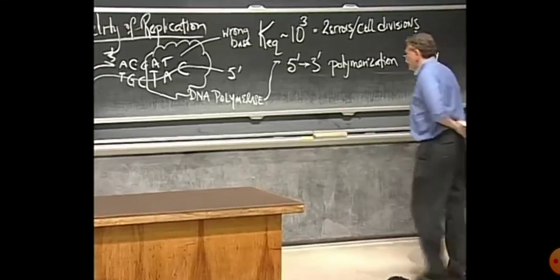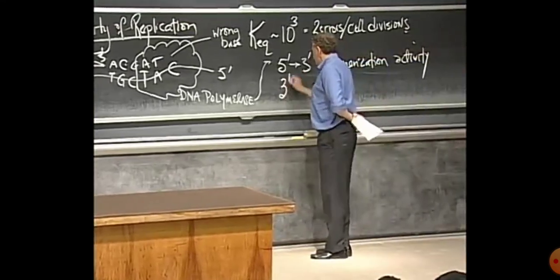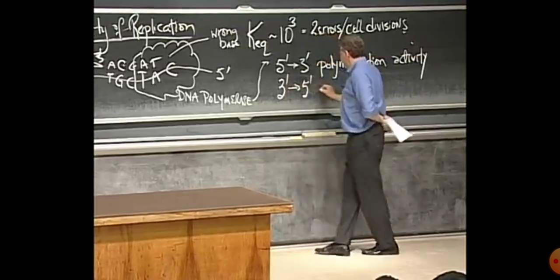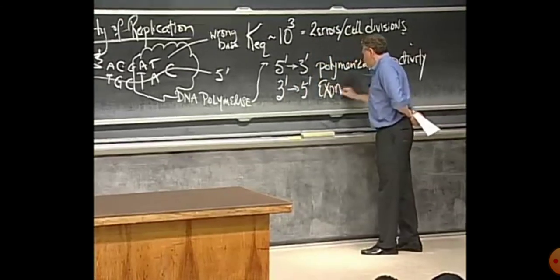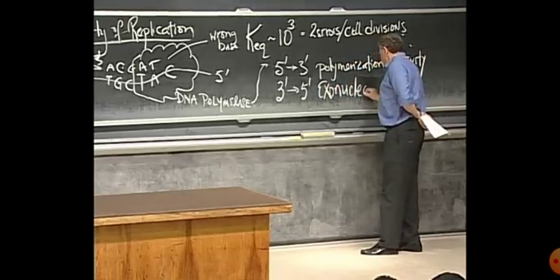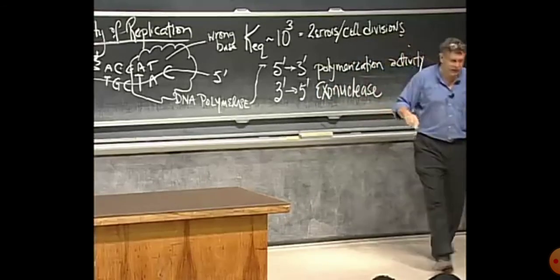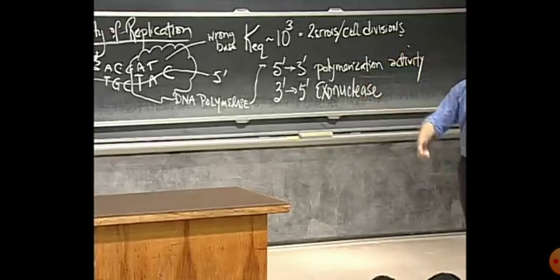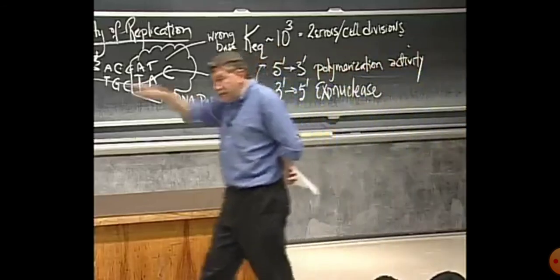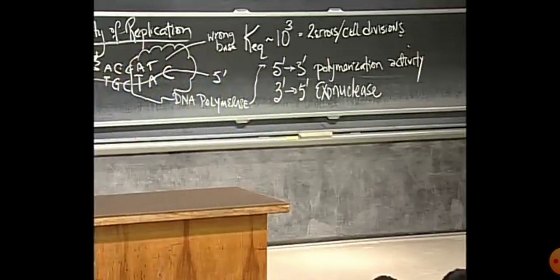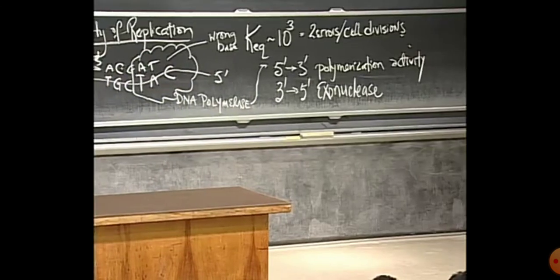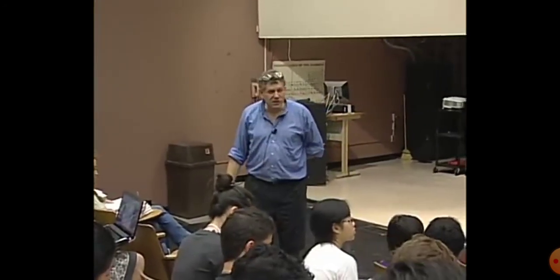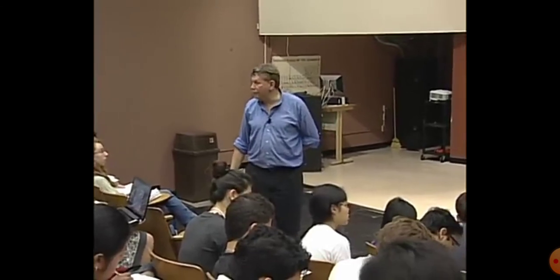That same enzyme, DNA polymerase, is also a 3' to 5' exonuclease. What do you think an exonuclease is? Takes stuff out. So it adds bases in the forward direction, but it also goes backwards and takes bases out. Isn't that dumb? I thought we're trying to synthesize, but we're also unsynthesizing. With some probability, it goes backwards and takes out bases.